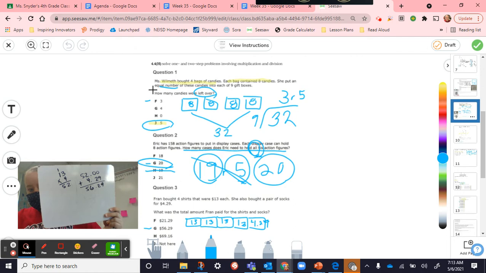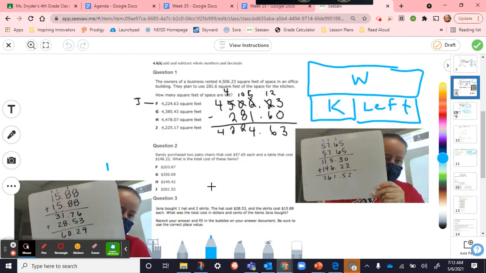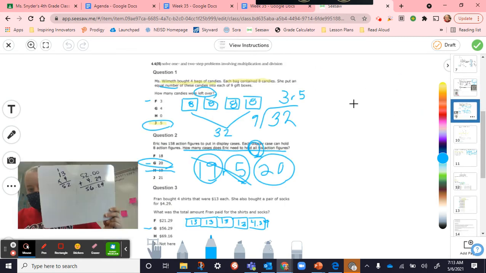Or on this one, right here, 2 patio chairs. So some of those money ones, you have to really be careful because you have to do it twice before you get your answer. With the remainder question right here, since it's asking what's left over, that would be that 5 part that was your remainder.